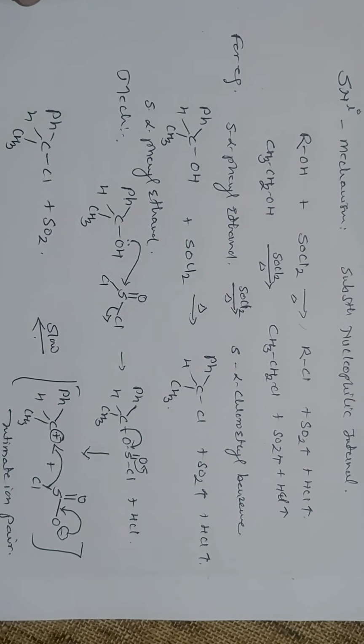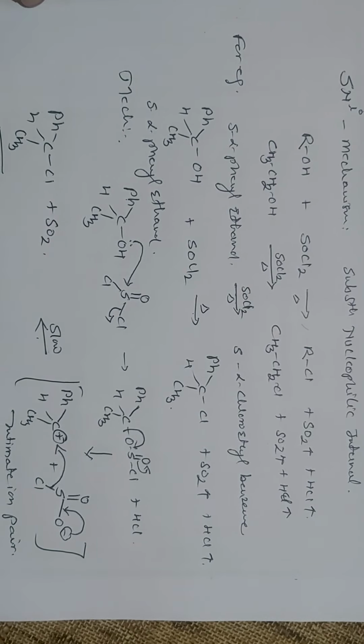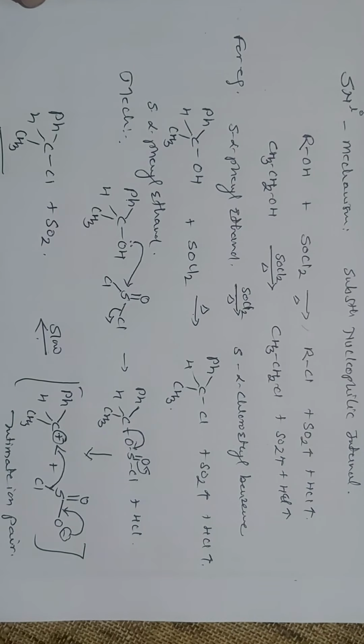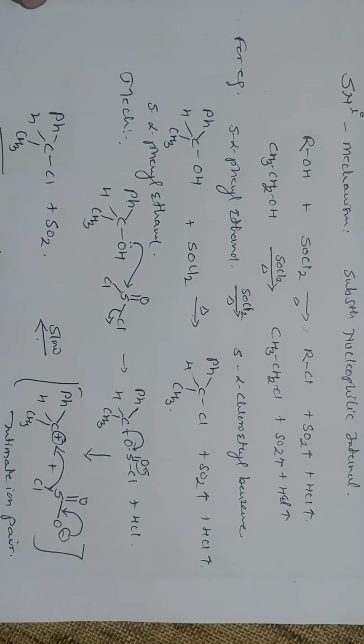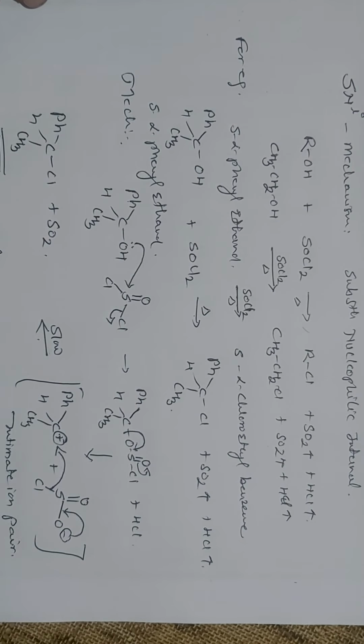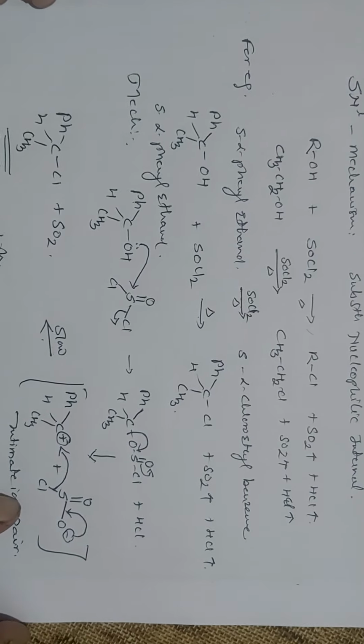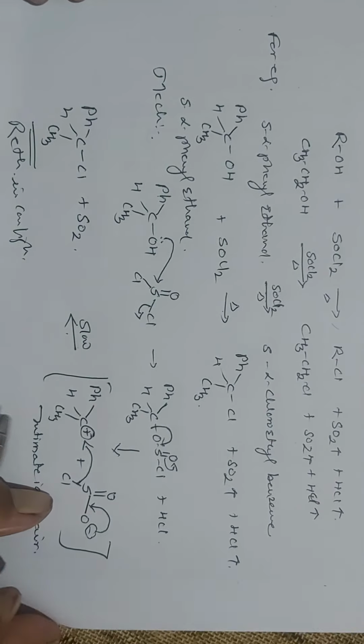That is, S alpha chloroethyl benzene is obtained as a product with retention in configuration. And so the SNi reaction always proceeds with retention in configuration.